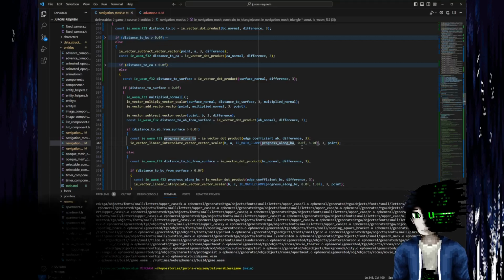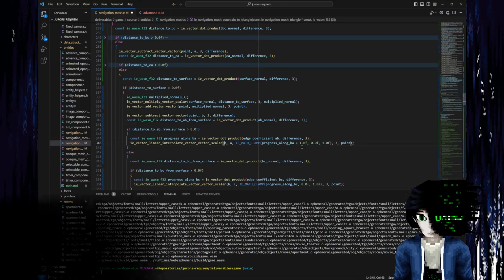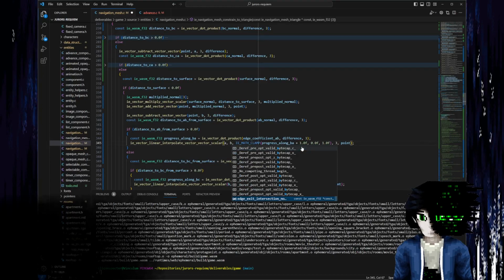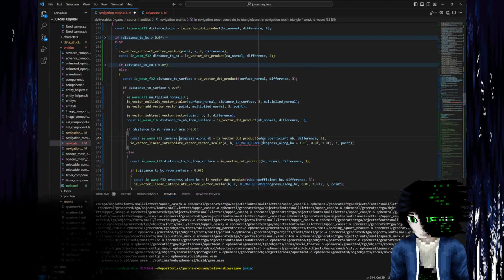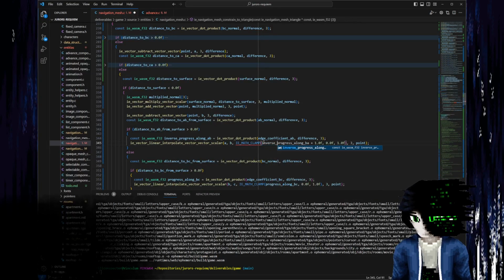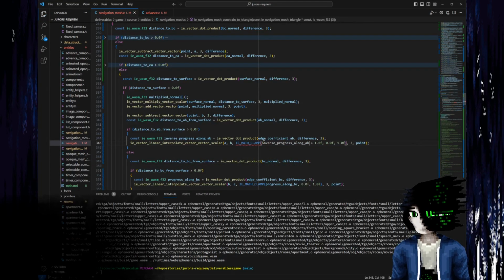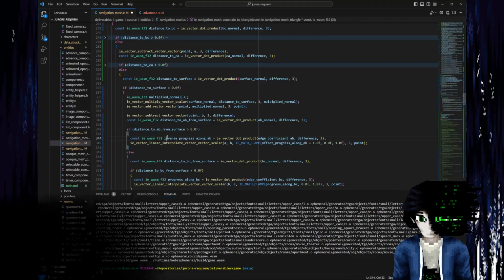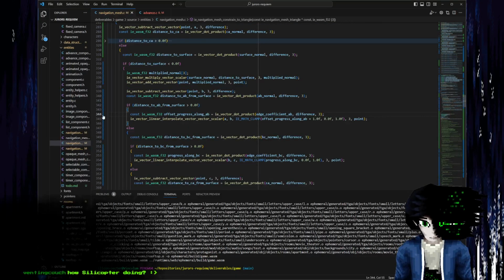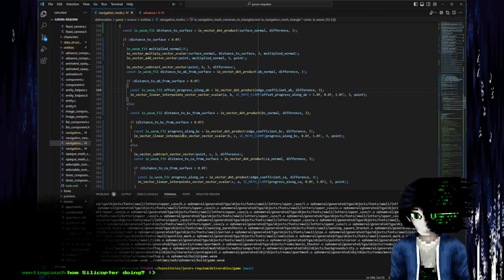So we're actually going to want to add 1.0 to that, and then it's going to be A to B. Yeah, it's not BA, it's just inverse progress along AB. Actually, let's call it offset progress along AB, because it is going to be offset. Okay, that's that hopefully sorted.